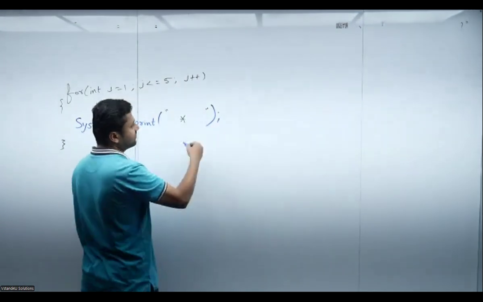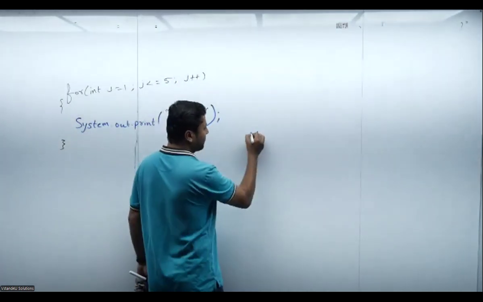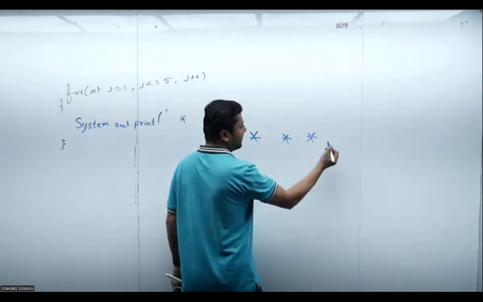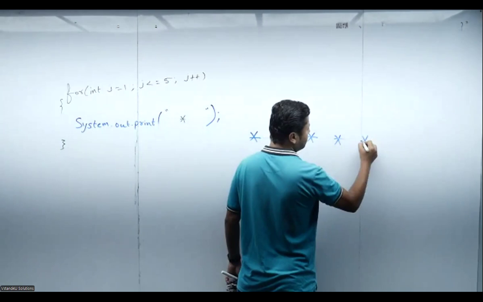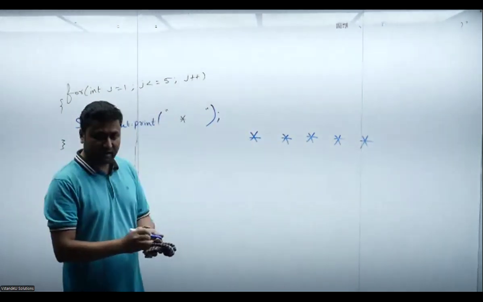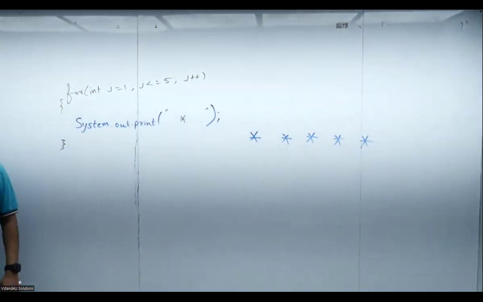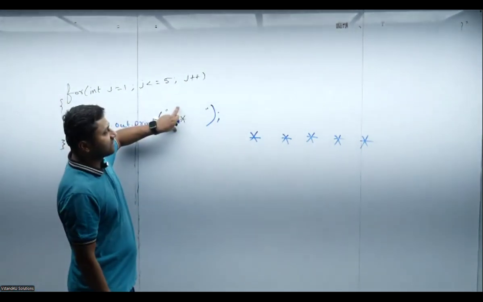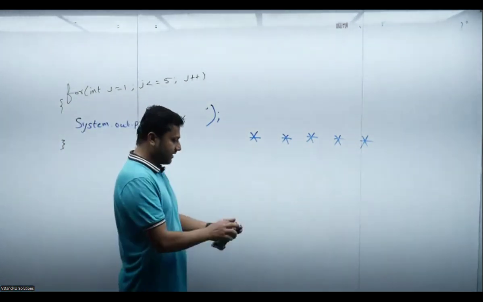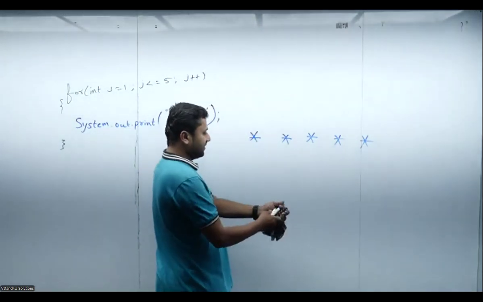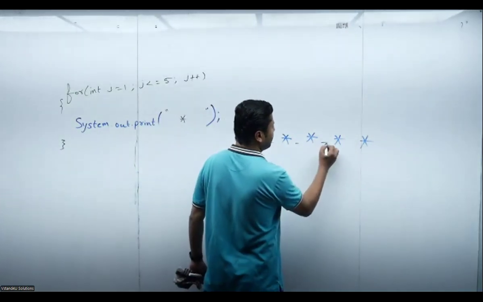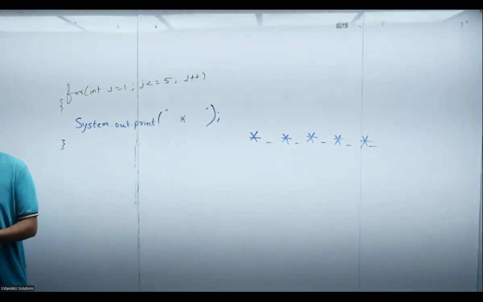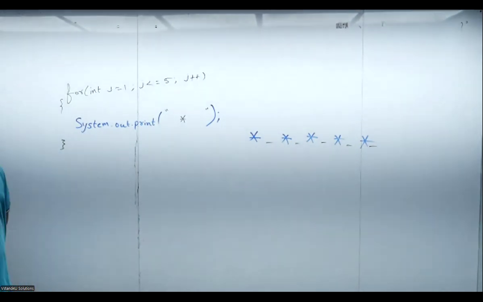So output would be one star, space, another star, space, another star, space, another star. Okay, 5. This is how the output would look. If you are telling print 5 stars on the same line followed by 1 space, I am sure even at this point 1 space would be there. Of course. Till here, fine, no problem.